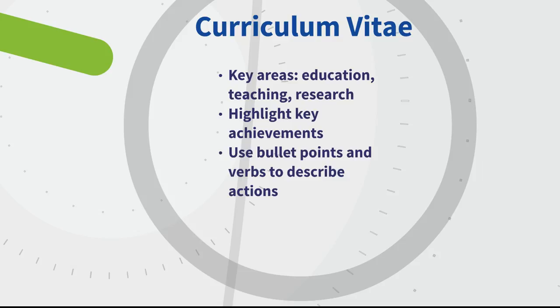Later in your career, perhaps your teaching is going to be more important, or your research is going to be more important. So you might have specific sections on what publications you have, what conferences you've given presentations at, what awards you've gotten, what skills you have, what your language skills are, what kinds of technology skills you might have. There's a variety of areas that you could include.